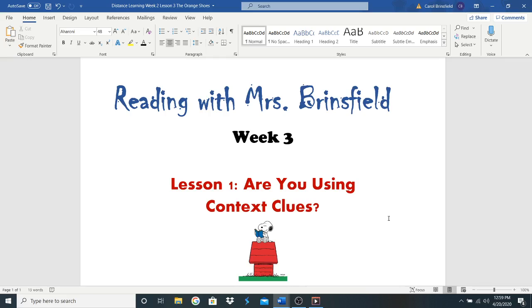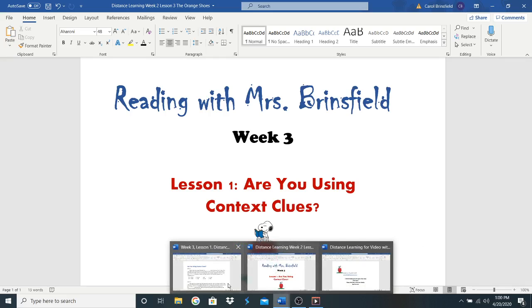If you're looking at the grammar of the unknown word, then you're thinking about whether it's a noun, a verb, an adjective, or adverb, then you could be using context clues there as well. So a lot of times when we say read around a word that you don't know, we're wanting you to use context clues. So let's go ahead and look at today's activity.